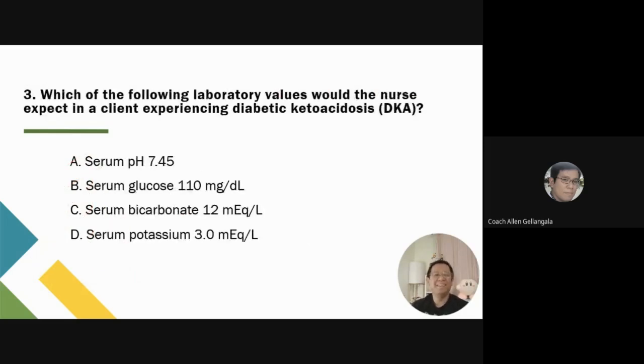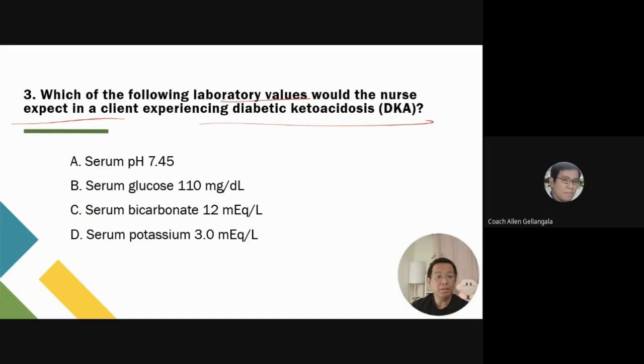You're doing it good. Okay, let's now talk about a laboratory value that we are expecting to see in diabetic ketoacidosis. Diabetic ketoacidosis happens due to the inability of the body to absorb or metabolize glucose because of the lack of insulin, which would make the body think that it is deprived of glucose.